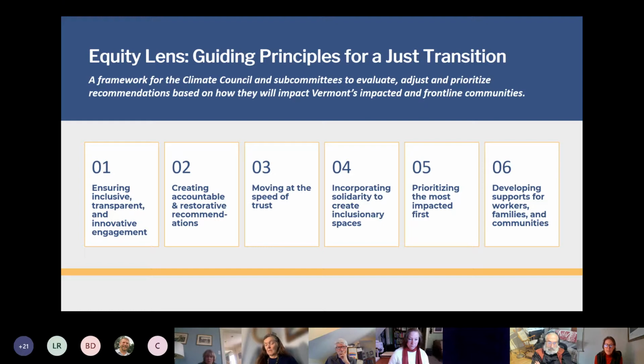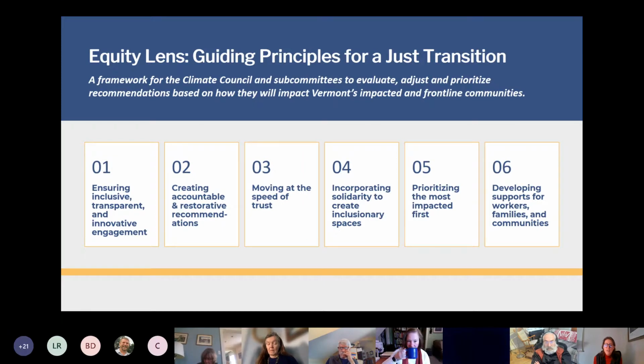While there's still a lot of space to improve the centering of impacted and frontline communities in climate discussions, and that's a key component of the Climate Council's work moving forward, the Just Transition Subcommittee of the Climate Council did develop something called the Guiding Principles for a Just Transition, which is really a framework for the Climate Council and its subcommittees to use to evaluate, adjust, and prioritize recommendations based on how they will impact Vermont's frontline communities.